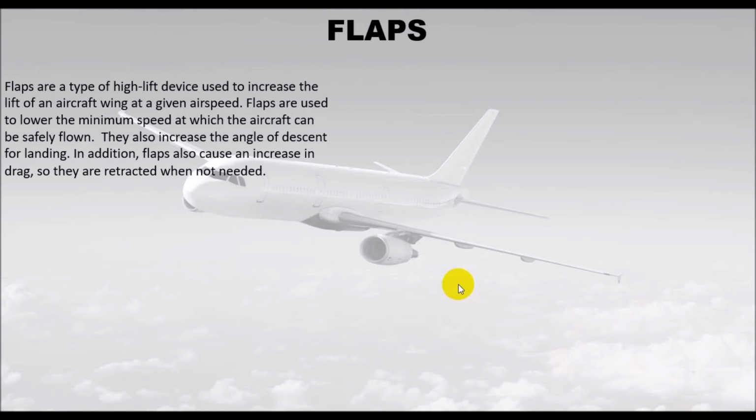Once again, higher velocity above the wing means lower pressure, lower velocity below the wing means higher pressure, and that's what's lifting the plane up in the air. The flaps increase the amount of lift being generated even at a lower speed.